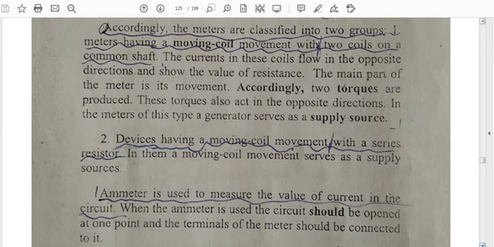In them, a moving coil movement serves as a supply source.